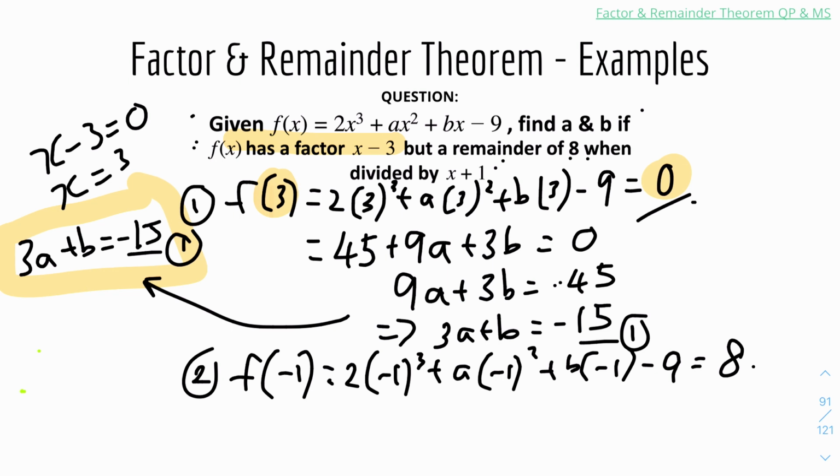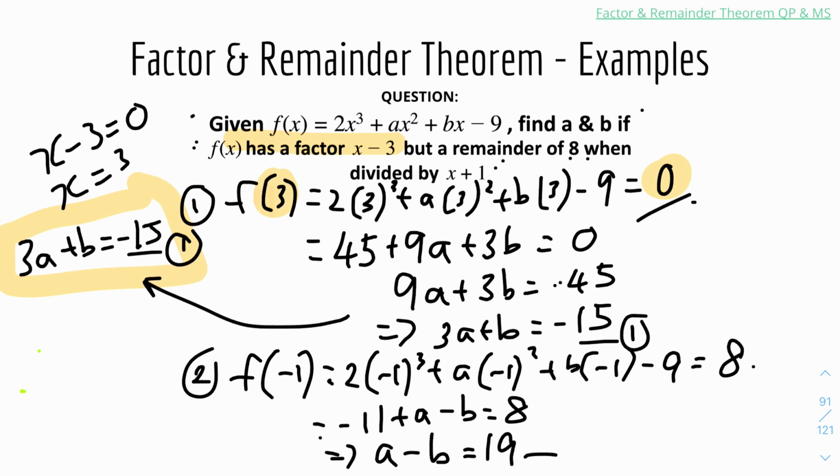That means that the remainder is 8, so x plus 1 is not a factor. If you simplify, it'll be 2 times minus 1 cubed minus 9, which is minus 11, plus a minus b equals 8, and it'll be a minus b equals 8 plus 11, which is 19.